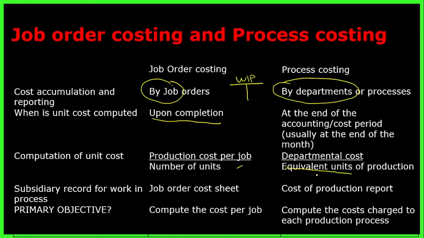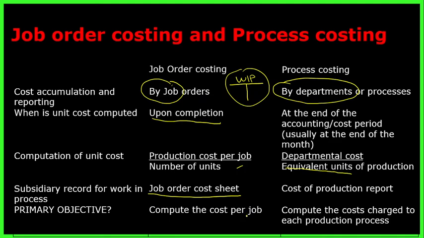And then, subsidiary record for work in process. Ito, ayan. You have your job cost sheet, which is similar to, in substance, no? In substance, it's your work in process. Dito naman, you have your cost of production report. Ayan. Parang work in process din yan.